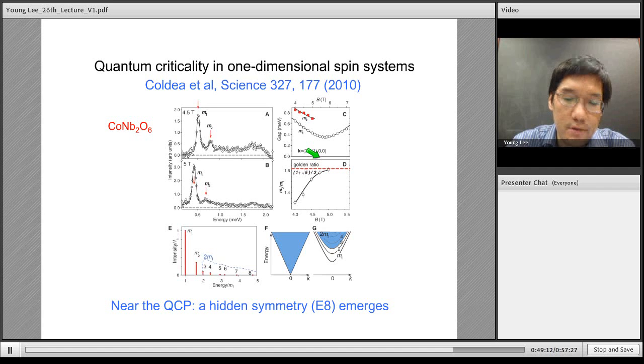And in fact, the neutron results bear this out. If you plot the ratio as you get closer and closer to the critical field, it approaches this golden ratio. And this bears out this very interesting prediction from long ago. And this definitely affects being in the vicinity of a quantum critical point.